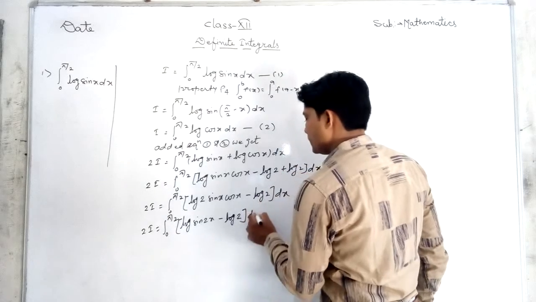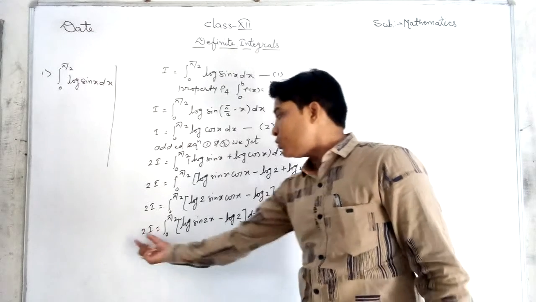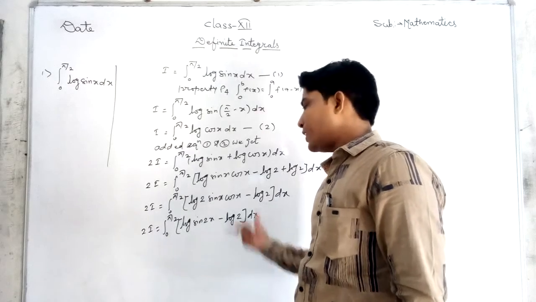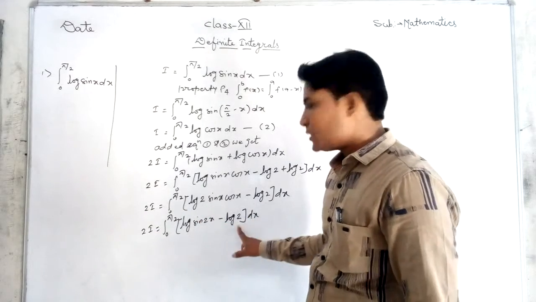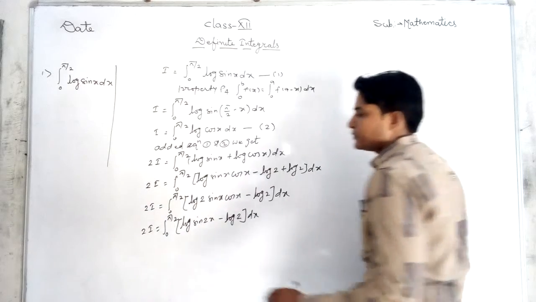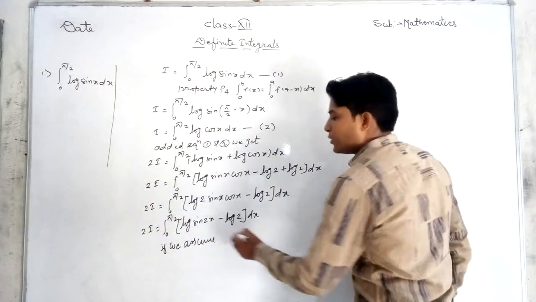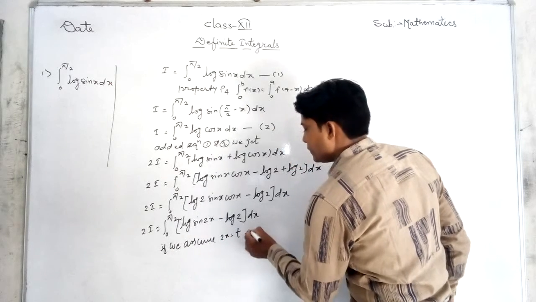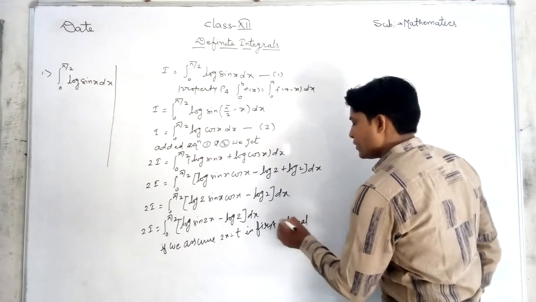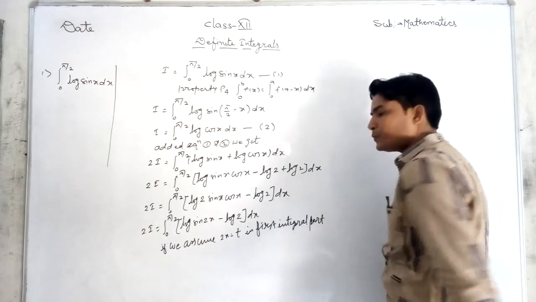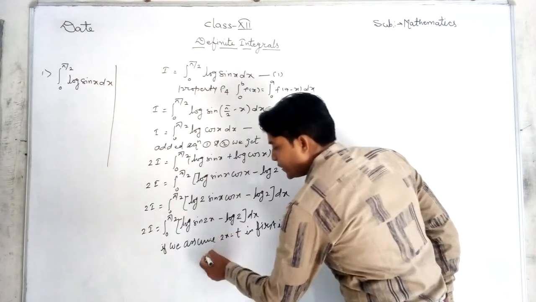Now there are two parts: the first integral and the second integral. In the first integral part, we assume 2x equals t. Then 2 dx equals dt, which implies dx equals dt upon 2.